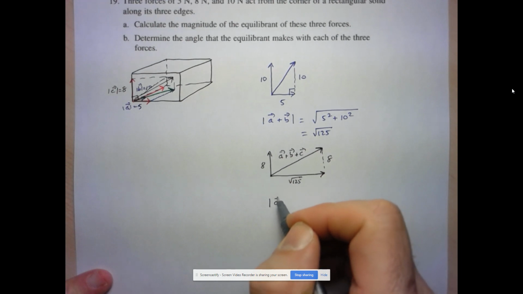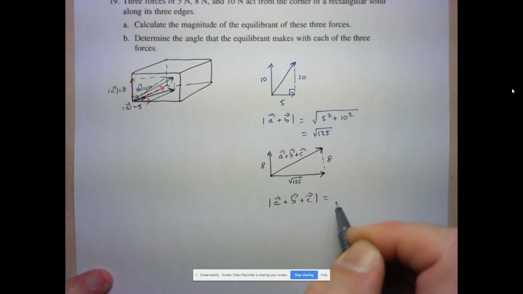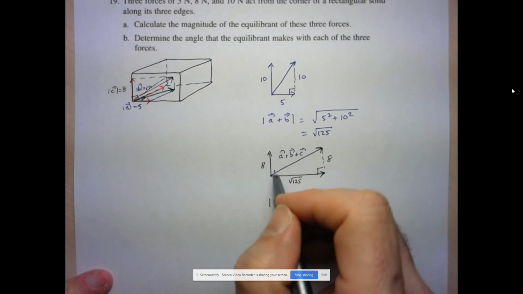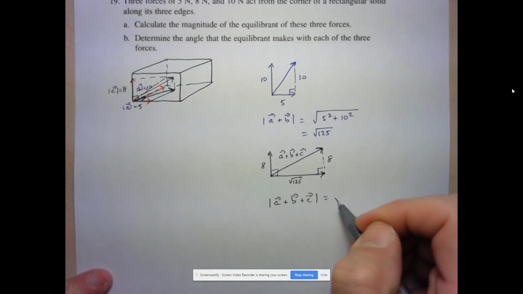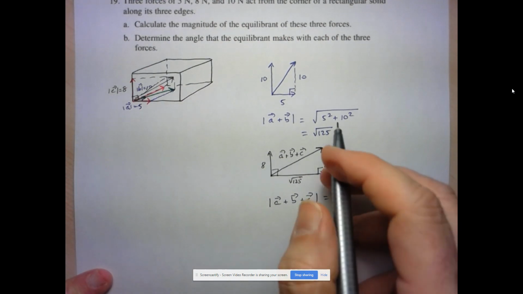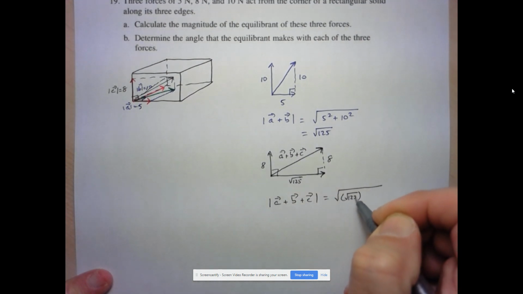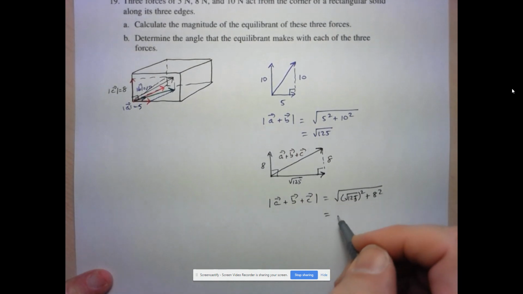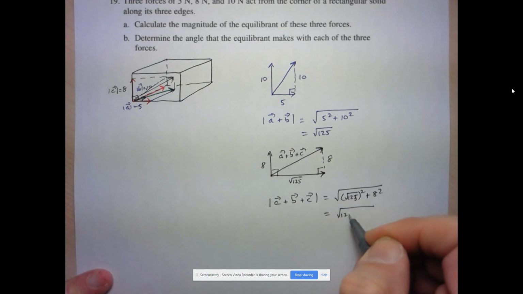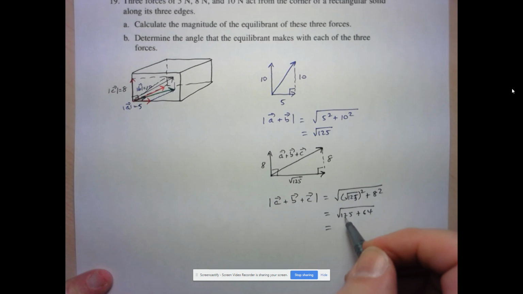The magnitude of A plus B plus C is again going to be from a right angle triangle, since these two vectors have to be at right angles to each other. So I've got the square root of the square of root 125, which is 125, plus 8 squared. So we have 125 plus 64, and that is 189, square root of 189.